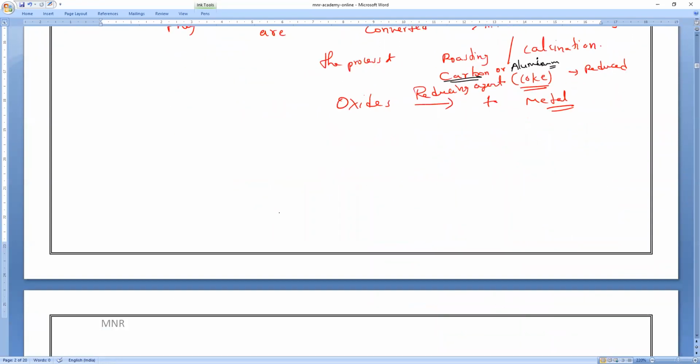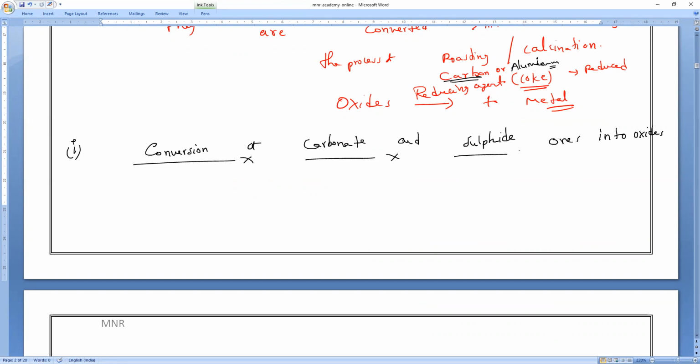Okay, so let us go with the conversion of carbonate and sulfide ores into oxides. Step number 1: Conversion of carbonate and sulfide ores into oxides.